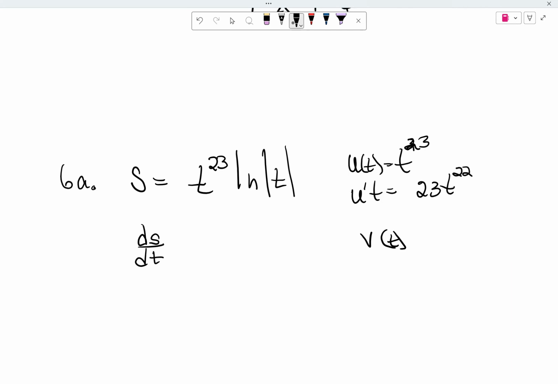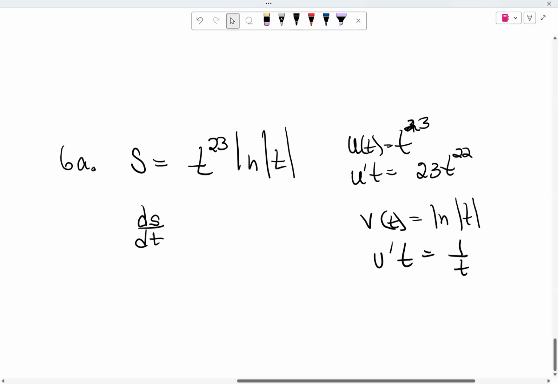If I'm now looking at V of T, it is going to be equivalent to my natural log of the absolute value of T. My first derivative of V of T is going to be equivalent to 1 over T.